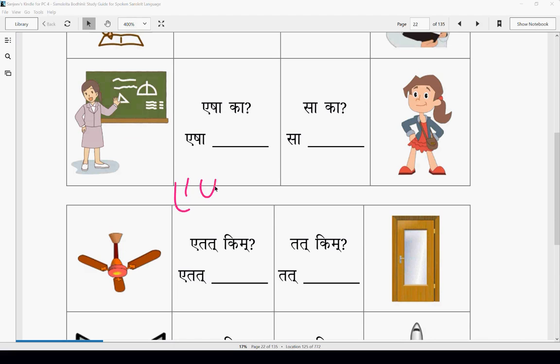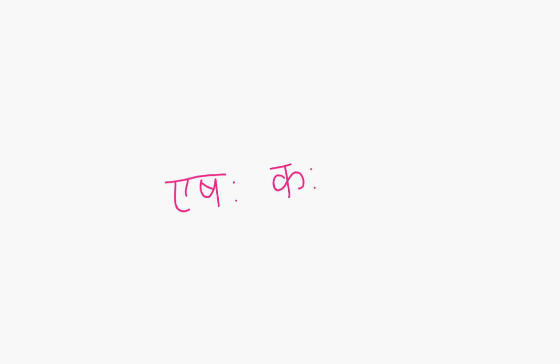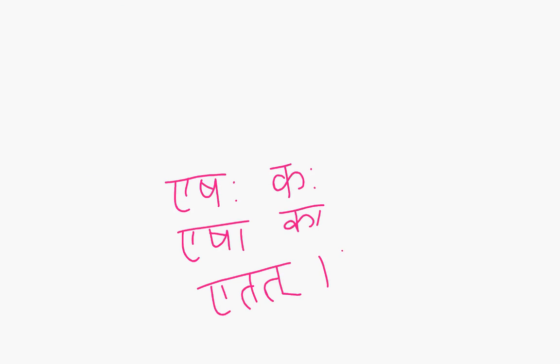So here we studied three things, right? Eshaha, kaha. Esha, ka. And etat kim. Now these kaha, ka, kim are being used as gender-indicating words.